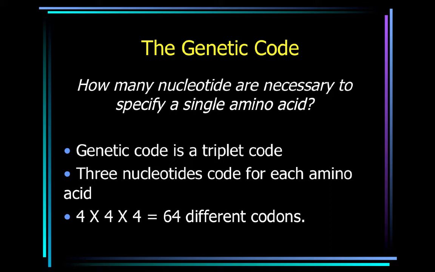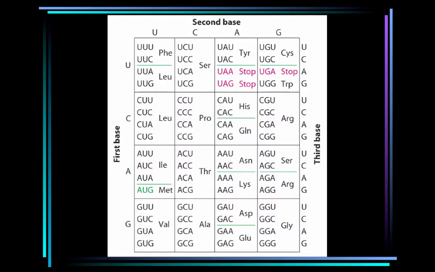So there's four nucleotides that are possible to make up this codon or this genetic code. So within each of those different codons, codon 1, 2, and 3, there's four different possibilities. Therefore, we get 64 different codons. And that's really what we see in this figure here.